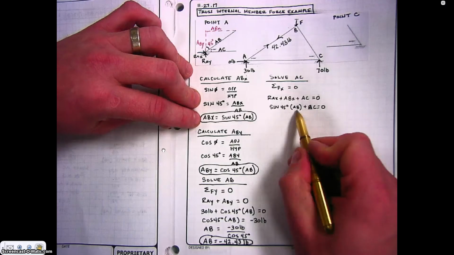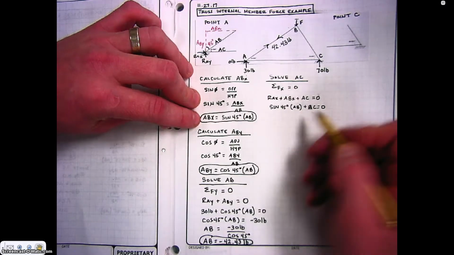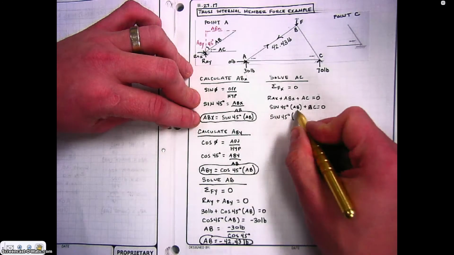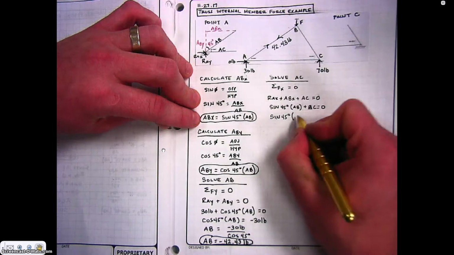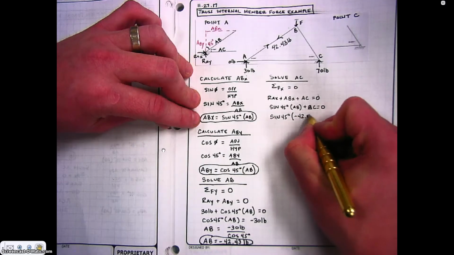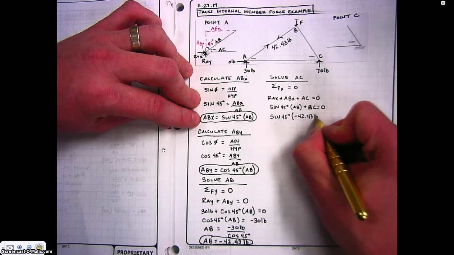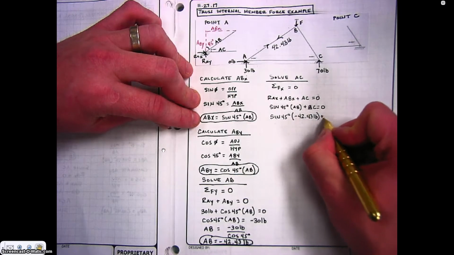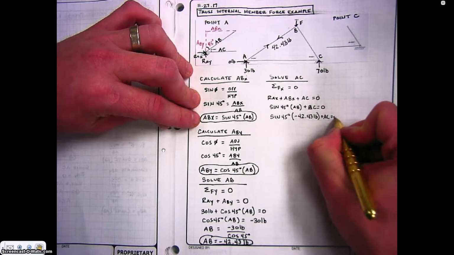We can now plug in what we know member AB is. So again, I'll use the sine of 45 degrees times member AB, which we calculated down here, was negative 42.43 pounds. We'll add AC to that, and all of that has to equal 0.